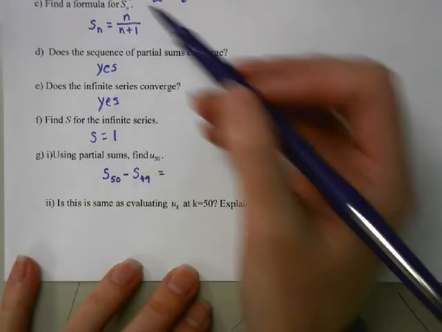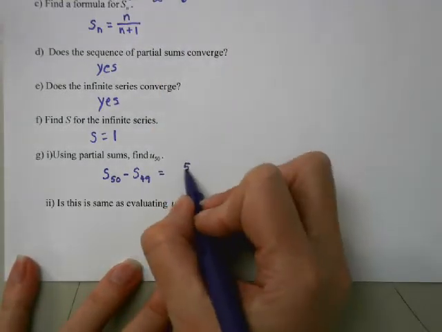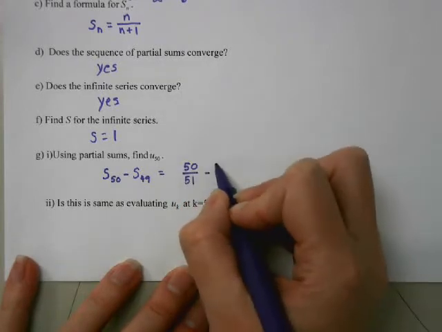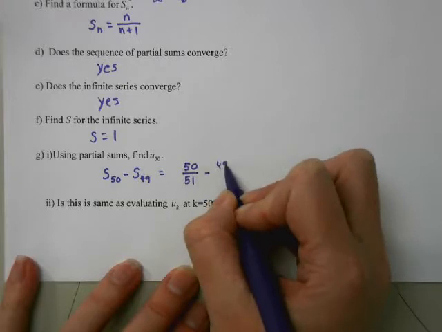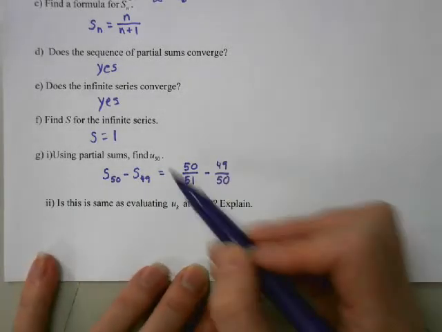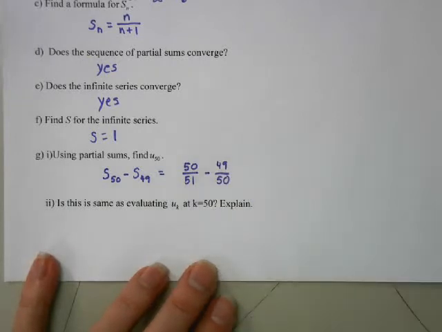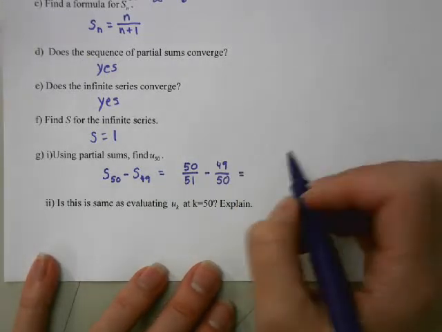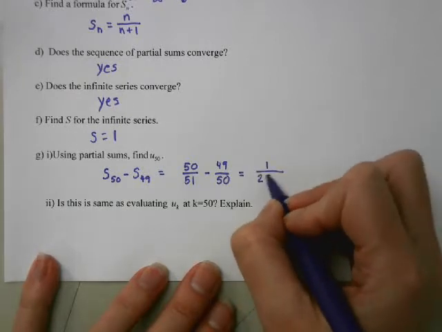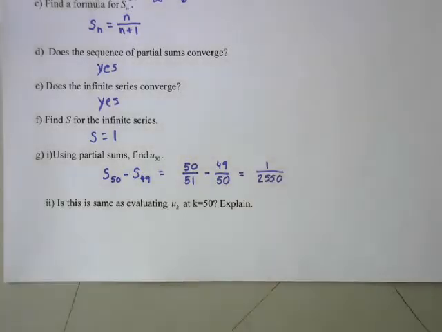Well, using our formula that we came up with, that'll be 50 over 51 minus 49 over 50. You get a common denominator, which you're probably going to need a calculator for anyway. You end up getting 1 over 2550 as the 50th term.